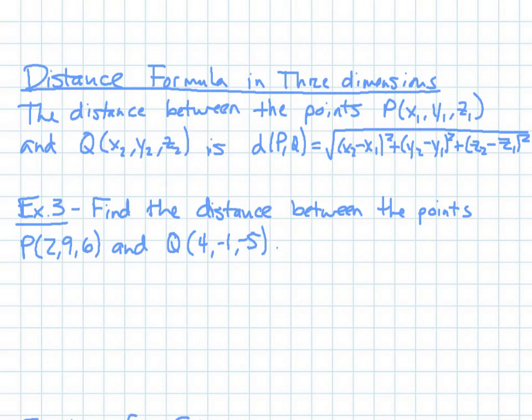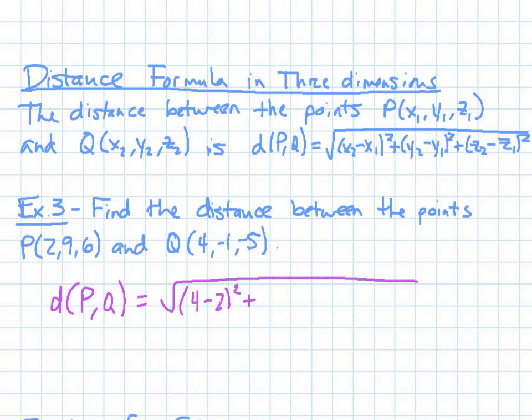So, distance formula in 3 dimensions. Pretty similar to distance formula in 2 dimensions. Okay, we're just adding a z sub 2 minus z sub 1 squared. So if I want to find the distance between 2 points, then the distance between P and Q is just going to be the square root of 4 minus 2 squared plus negative 1 minus 9 squared plus negative 5 minus 6 squared.